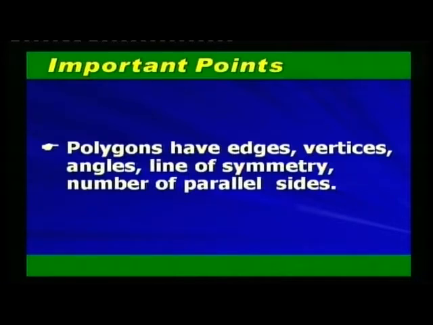Plural, vertices, or corners of the shapes. So you will also try to work out how many corners are found from the shapes that will be given to you in a short while. One of the properties for polygons also is that they have angles.